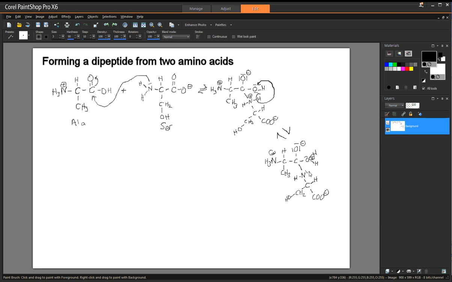So we've managed to neutralize that nitrogen, and we've now created this very good leaving group. And as always in this type of chemistry, this is exactly the same as the amide formation. We can cause that water to leave.